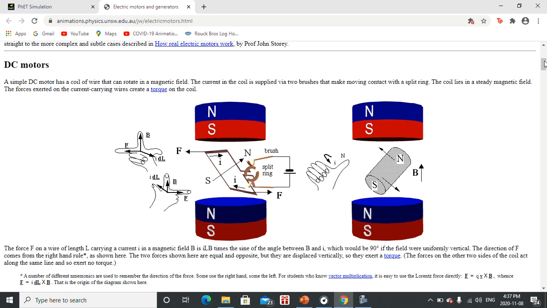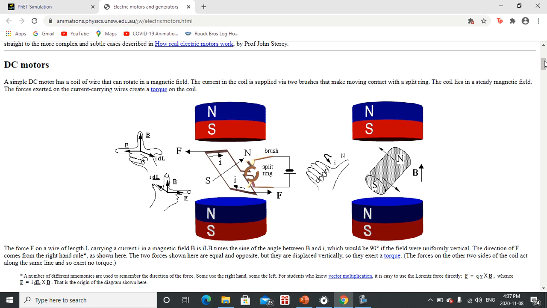When the current does go through, it generates a magnetic field around that wire. So that magnetic field, if we take a look at the picture on the right hand side here, we can see that north and south, they are opposites, they will attract, so that will lead to the spinning.